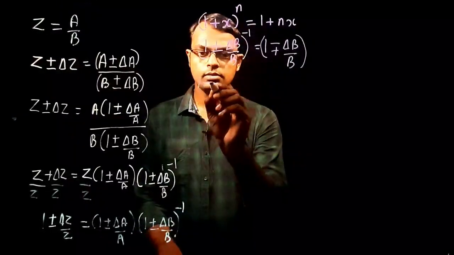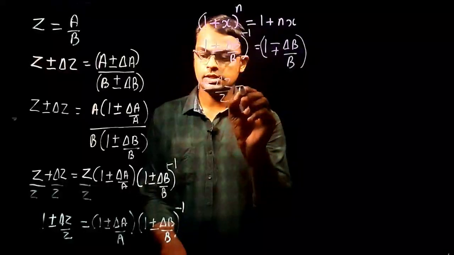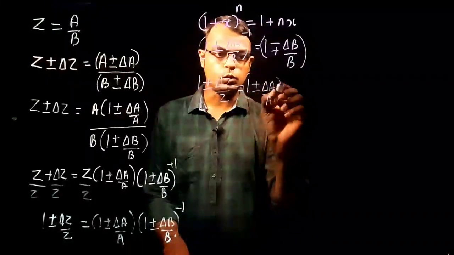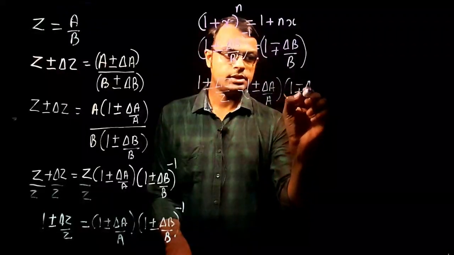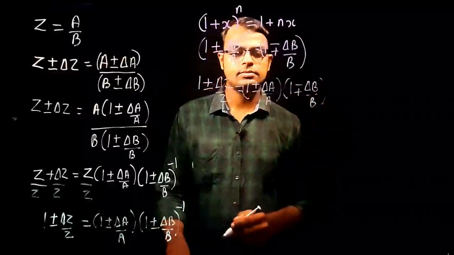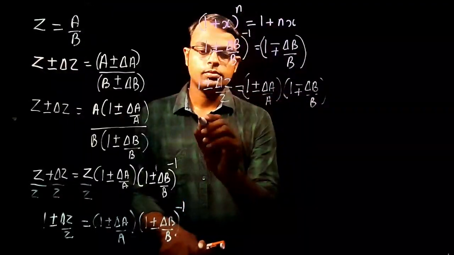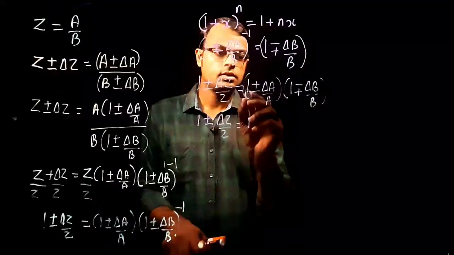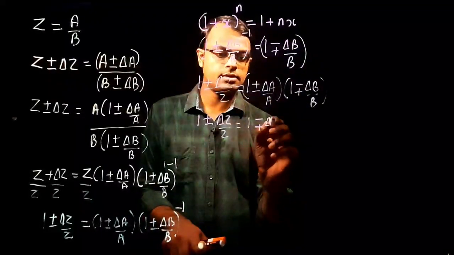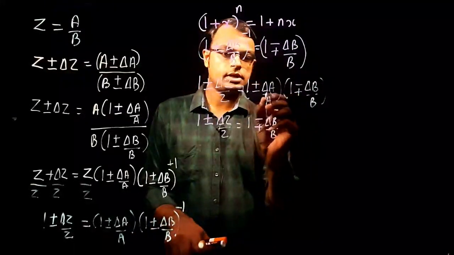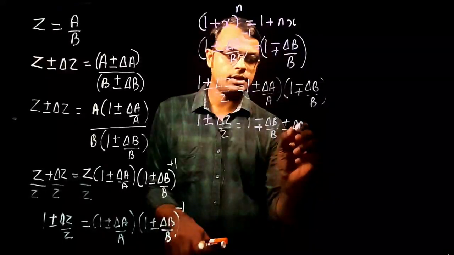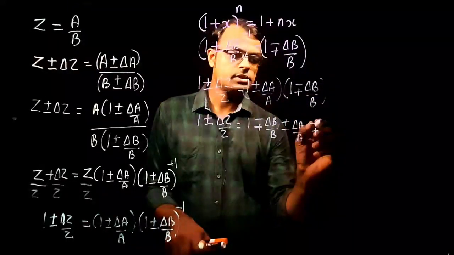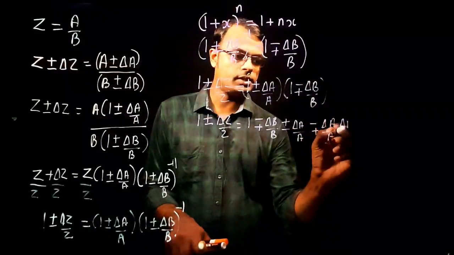So I can write 1 ± Δz/z = (1 ± Δa/a)(1 ∓ Δb/b). Therefore, you multiply: 1 into 1 is 1, 1 into this value is ∓ Δb/b. Next, Δa/a into 1, so ± Δa/a. Next, plus into minus is minus, minus into plus is plus, giving Δa/a into Δb/b.